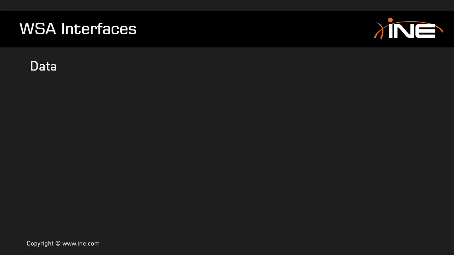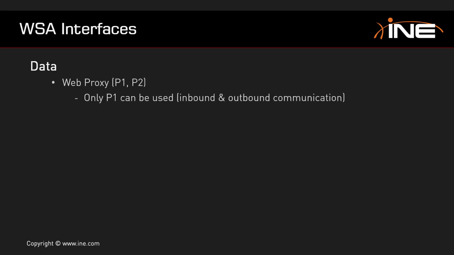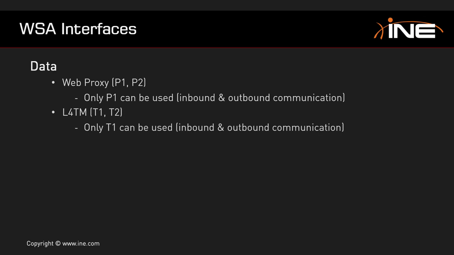Then one more thing before we finish, just a quick overview of the interfaces of the WSA, because this is what we will have to know to properly initialize the proxy. WSA interfaces are broken down into 2 types. We've got data ports for the proxy, or for a so-called layer 4 traffic monitor feature.